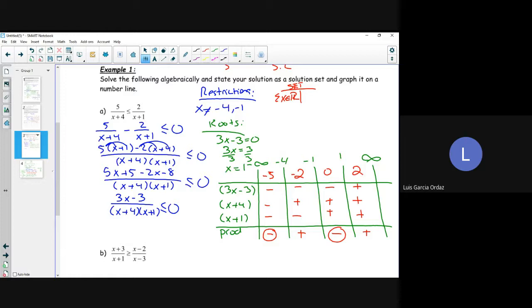Yeah, x is less than or equal to negative 4. Well, is it less than or equal, or just less than? Can we have our denominator be 0? Yep, so it's just going to be less than. It's going to be less than negative 4.